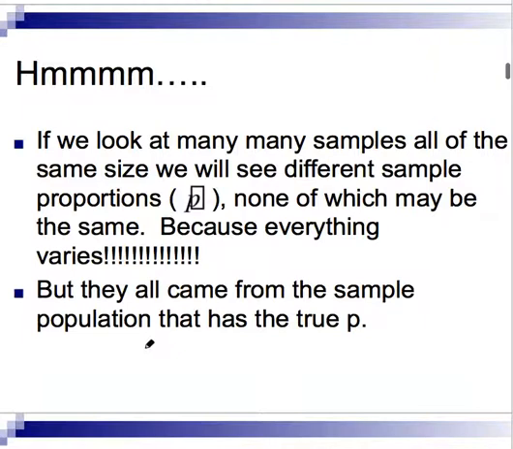If we took all of our samples of the same size, we will see different sample proportions, but none of them are going to be exactly the same because everything varies. So in the state of California, if we pulled 1,000 people from one group and 1,000 people from another group, all looking for the same characteristic, they are going to vary. All of our samples are going to vary, but they all came from the same set.